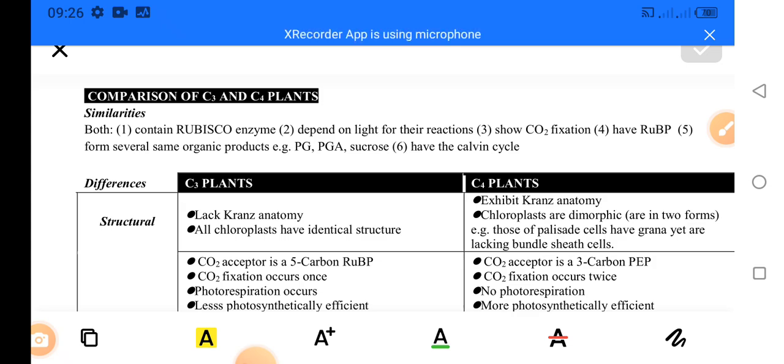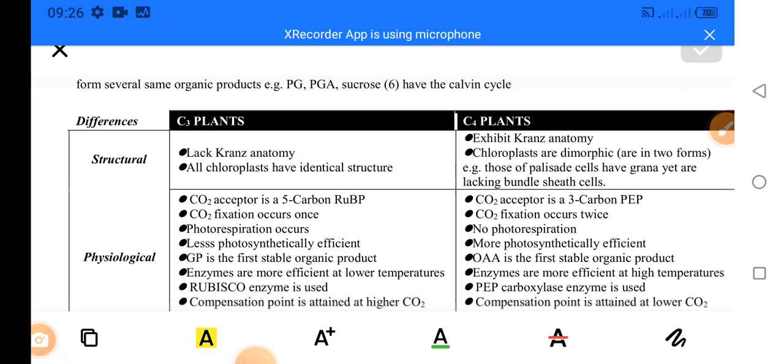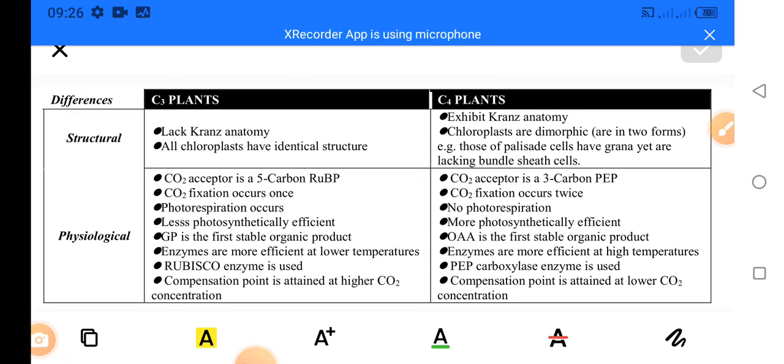Then the other one is the differences. As you can see there, the differences between C3 plants and the C4 plants. Now, when you look at the differences, if you cannot separate them the way they have separated there, structure and physiological, please don't. Just say differences, then you begin giving the differences of the two.